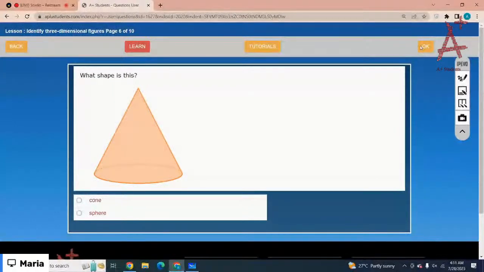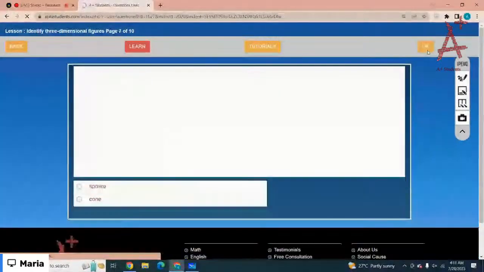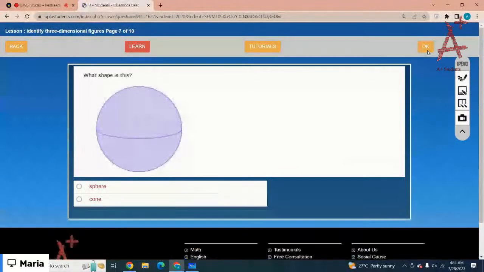This is a cone. What shape is this? Sphere or cone? The correct option is sphere. What shape is this?